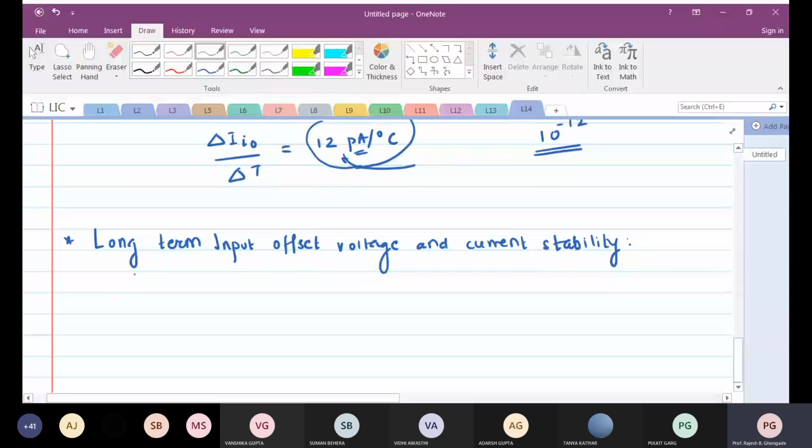So again, this is delta VIO by delta T. What is this T? T is time here. So it is the average rate of change in input offset voltage per unit time, and generally it is expressed in microvolts per week.